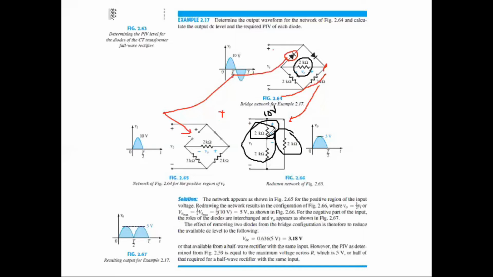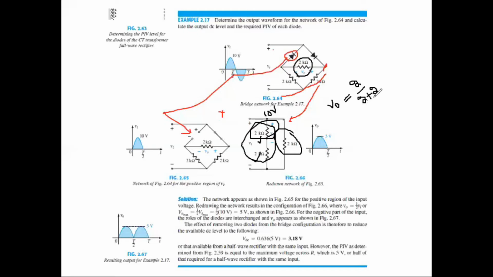from the voltage divider law, you can find out the voltage V naught across this one, which will be V naught equal to 2 kilo ohm divided by 2 plus 2 kilo ohm. What is 2 plus 2? Because these two are in series configuration, 2 kilo ohm plus 2 kilo ohm is the total equivalent resistance we have to write here. 2 kilo ohm is basically the resistance of this circuit.